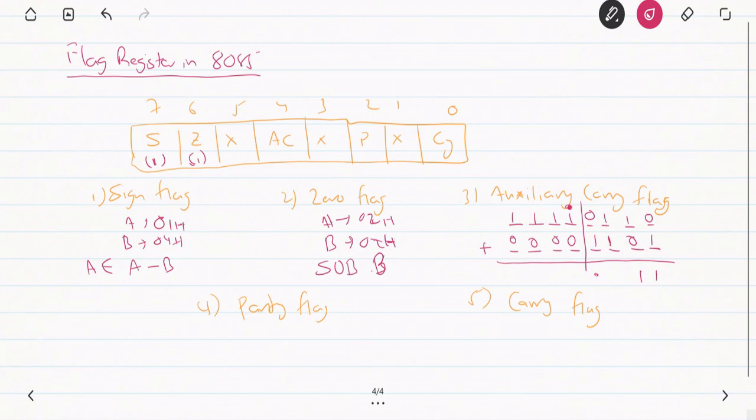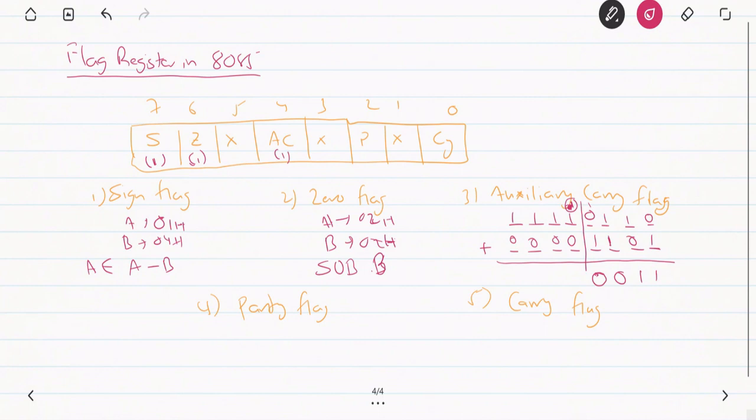So 1 plus 1 will be 0 and the carry will be generated as 1. Still the auxiliary carry is not set. The auxiliary carry is only checked once we go past this 4th bit. So we get a carry 1 here, and 1 plus 1 is again 10. So we get a result 0 and then we get a carry 1 here. Now whenever we get a carry 1 in this particular scenario, then the auxiliary carry flag is set. Or else if we don't get a carry here, then the auxiliary carry flag is reset.